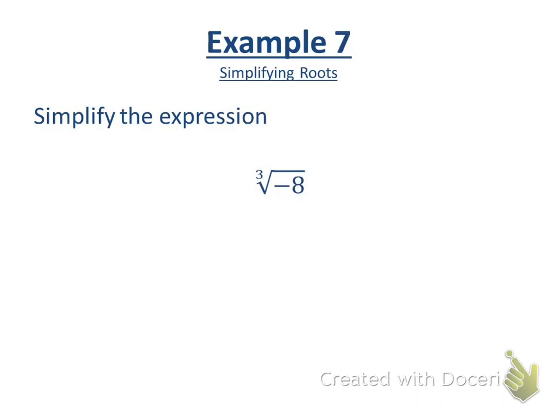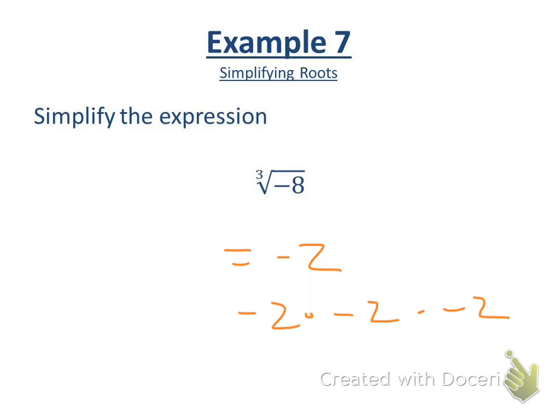All right, what about the cube root of negative 8? It is negative 2 because negative 2 times negative 2 times negative 2 is negative 8. Now, this is a rule.